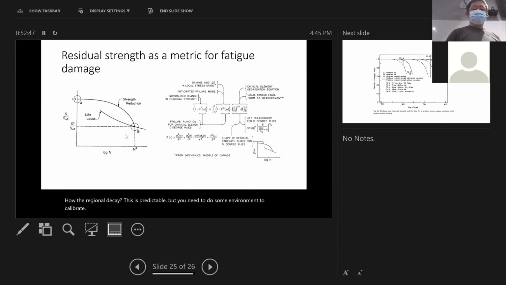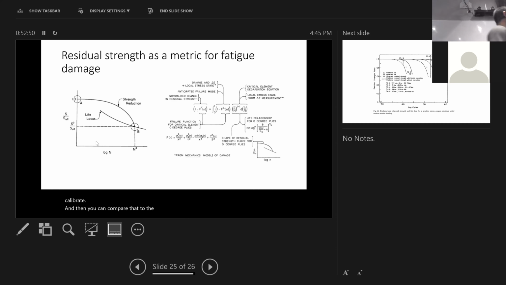And then you can compare that to the applied load. When the residual strength drops to a certain level that actually matches the applied load, that's where the failure occurs. That's one point in your fatigue life. Every cycle, you solve this FR as a function of n, you get this curve, and then you solve for the n value when this FR equals the applied load, and you get a failure point.